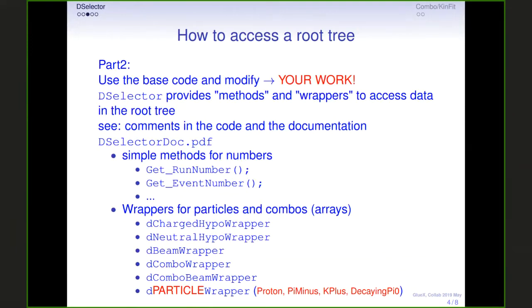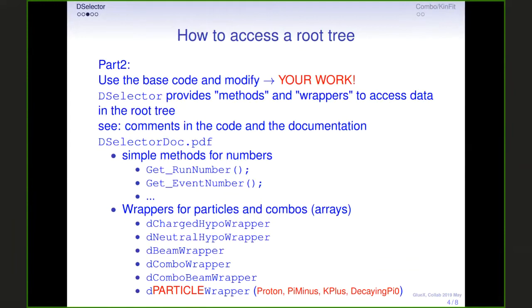The first three are the decharged hypo wrapper, deneutral hypo wrapper, and debeam wrapper. These are related to the measured input quantities in the root tree, namely the beam photons, that's the debeam wrapper, and all the final state particles, the pi plus, pi minus, kaon, photons. The charged hypos are all charged tracks, and the neutral hypos are all photons or neutrals, mostly photons, could also be neutron, but basically showers that are not related to a track.